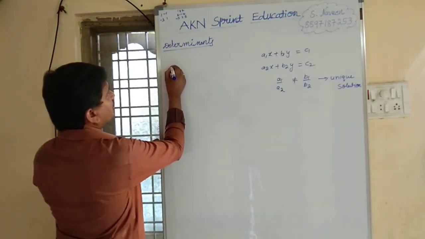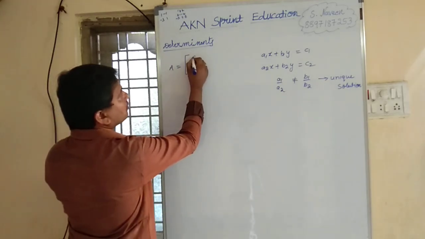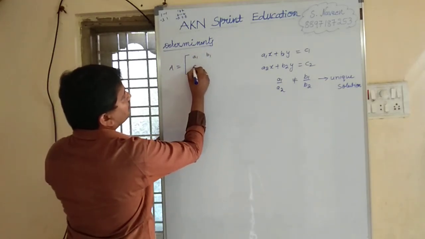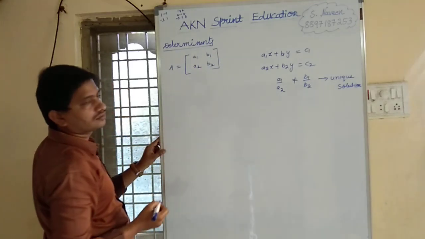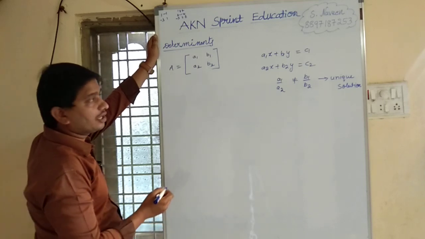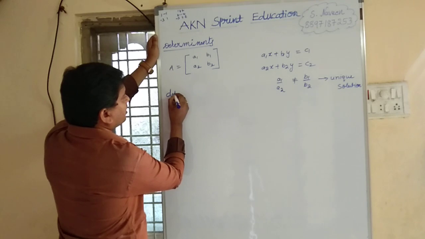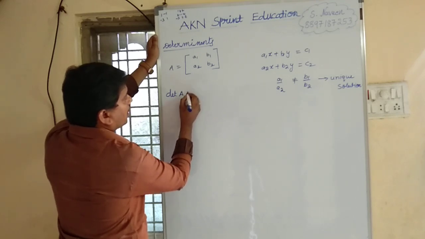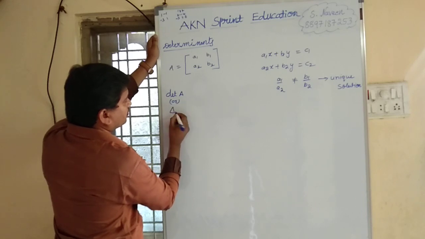For example, consider a matrix A equal to a1, b1, a2, b2. Okay? Determinant, we can write it as det A, or also we can define it as delta.